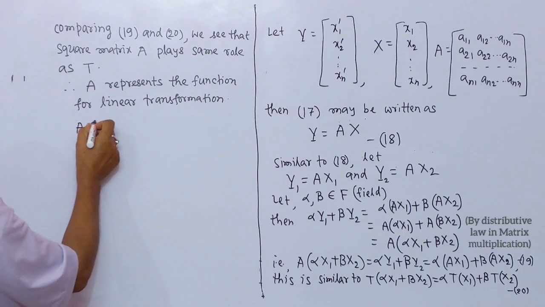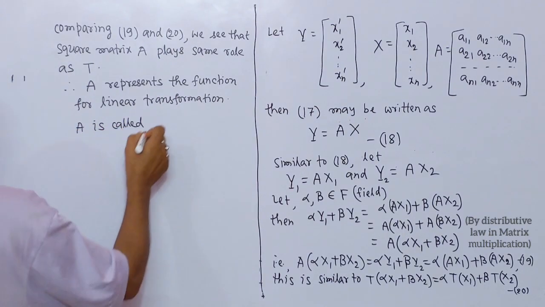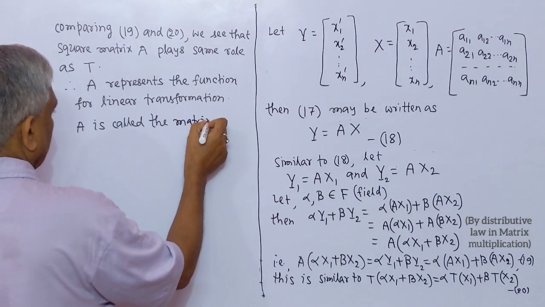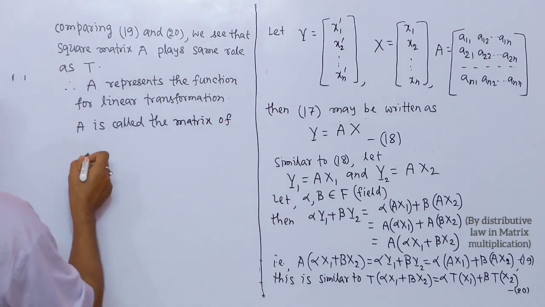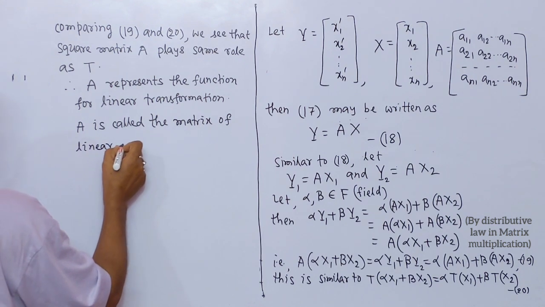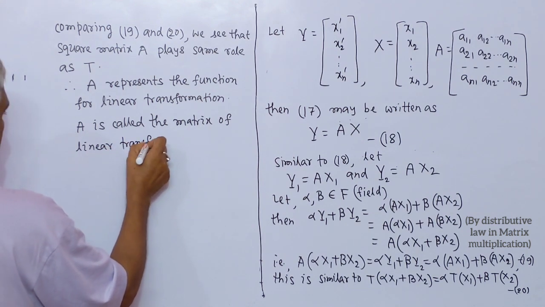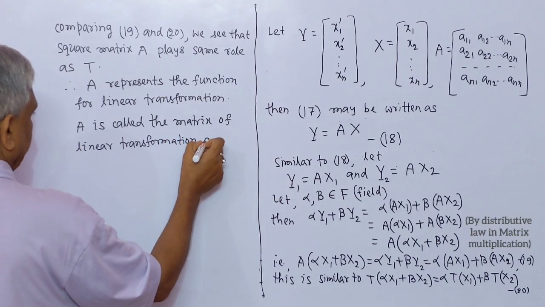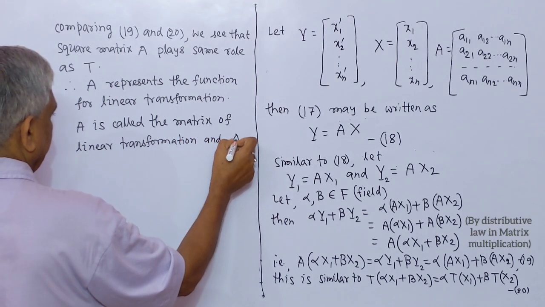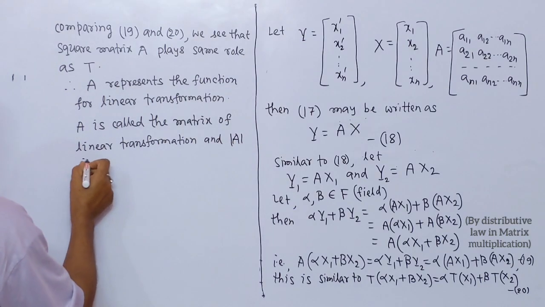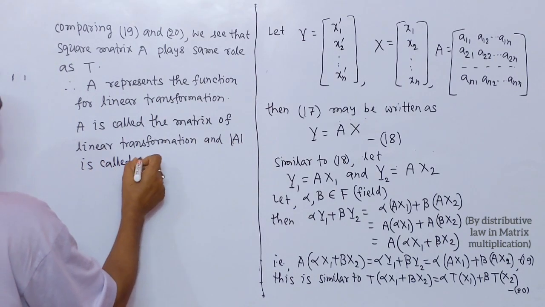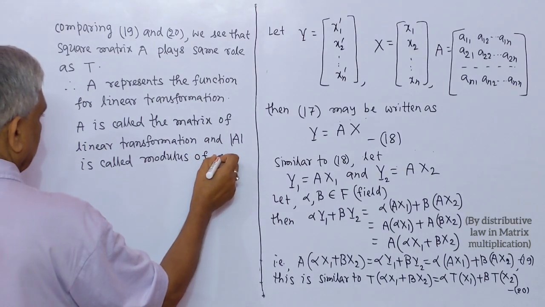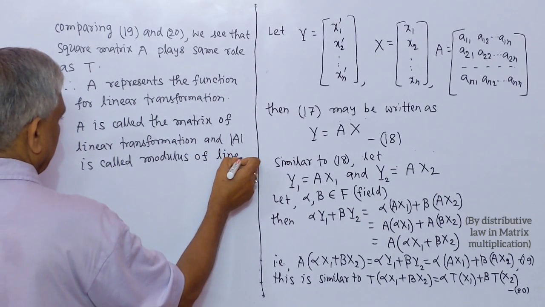A is called the matrix of linear transformation. And determinant A is called the modulus of linear transformation.